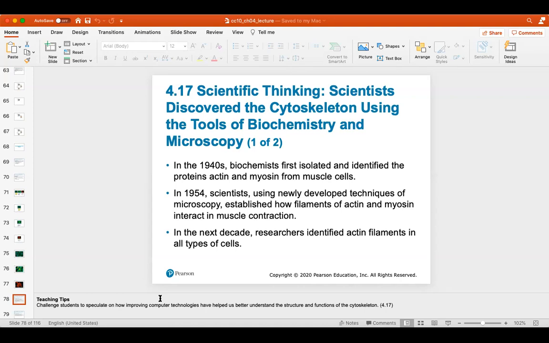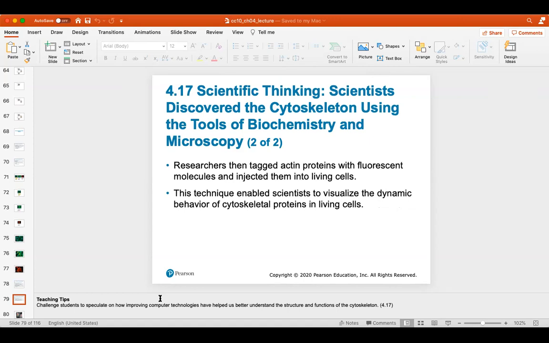Later researchers identified actin filaments in all types of cells. Researchers were then able to tag actin proteins with a fluorescent molecule and inject them into a living cell. This technique enabled scientists to visualize the dynamic behavior of the cytoskeleton proteins in living cells.